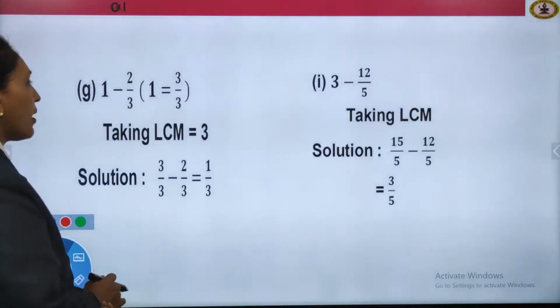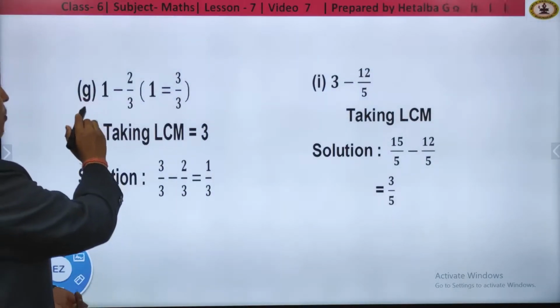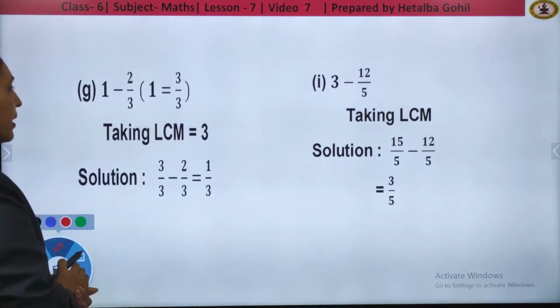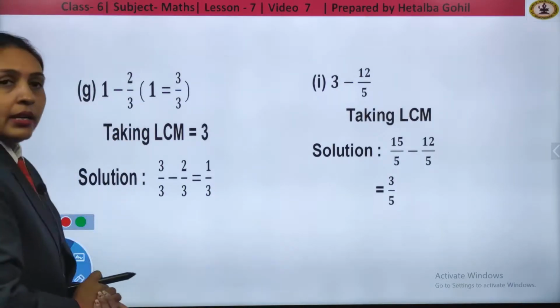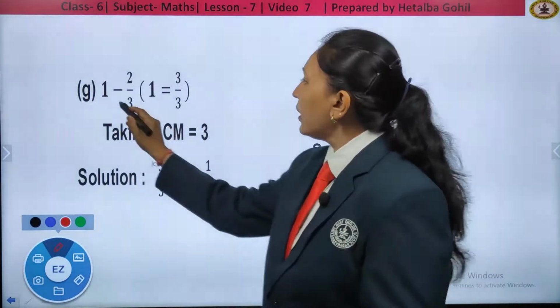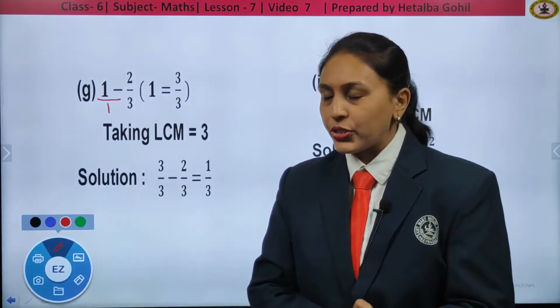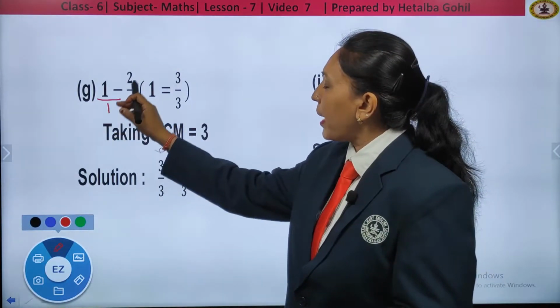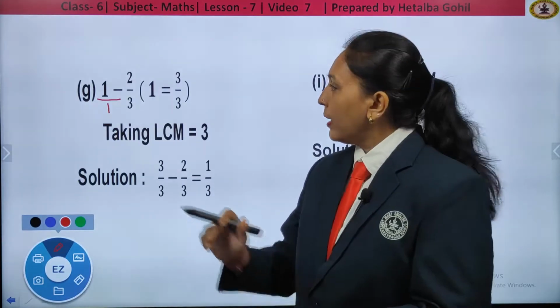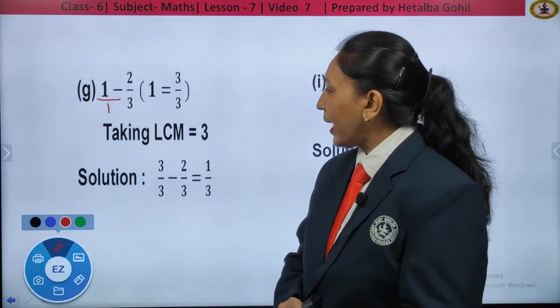Now let us go for unlike fractions, children. Here you have 1 minus 2 by 3. Children, here for 1, you do not have any number in the denominator. So here if you want, you take it as 1 upon 1, the value of it will not change. So 1 upon 1 minus 2 by 3. Now 1 and 3, they are unlike fractions here. You have to take the LCM.